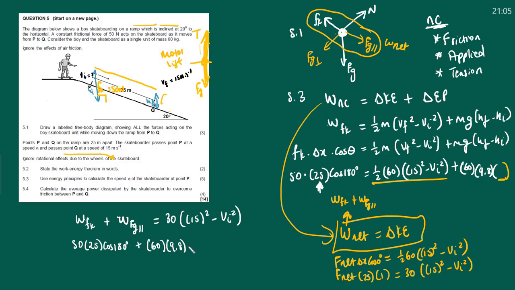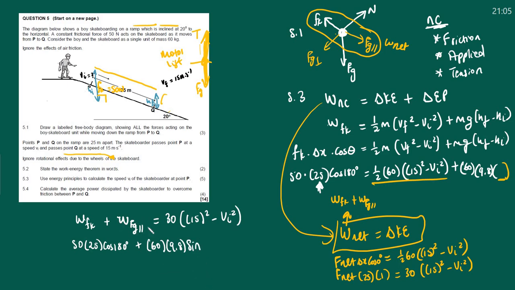Gravitational force is mg, right? Yes, the gravitational force is your Fg, which is going to be the mass times g, 9.8. So you must make sure you always put it that way.